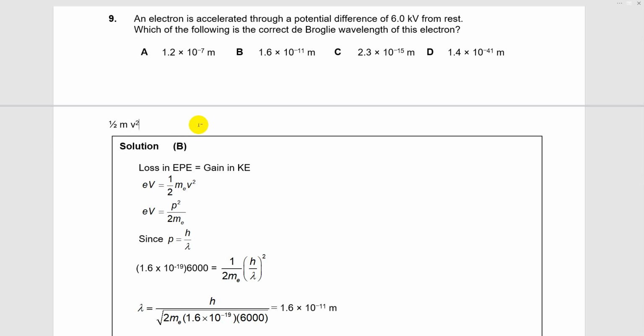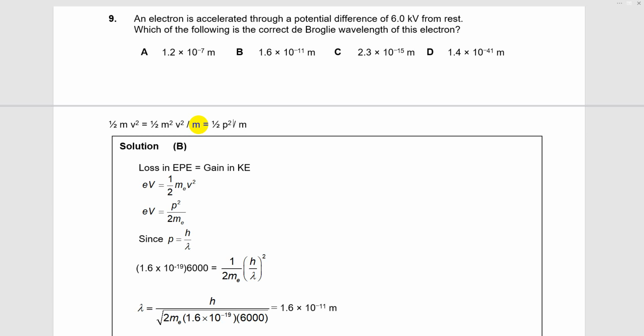Using a math trick, we can times m on top, so m becomes m squared. If we times m on top, of course we also have to times m at the bottom. So half mv squared is the same as half m squared v squared over m. Then m squared v squared is simply momentum squared. So it's half p squared over m.